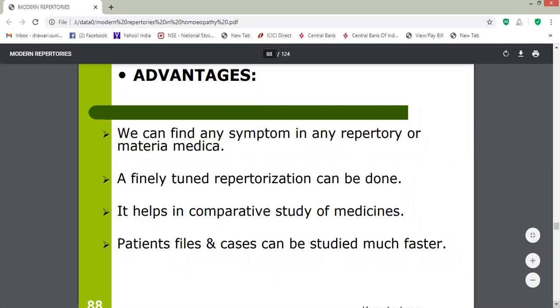As these repertories give quick results, we can find the symptom very quickly. They are also useful for synthesis of rubrics, to make the rubric.